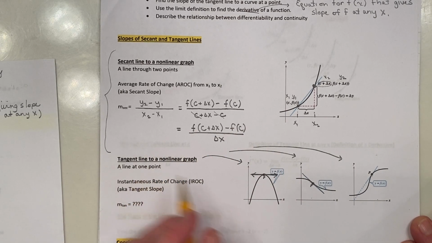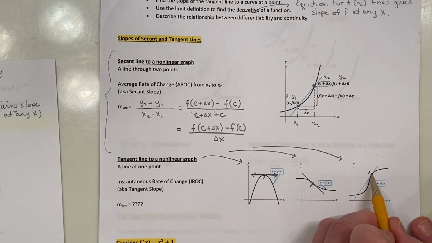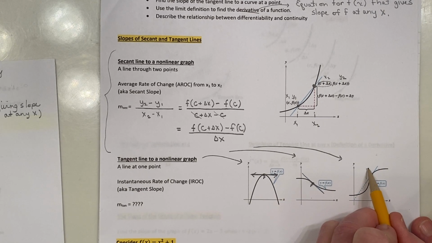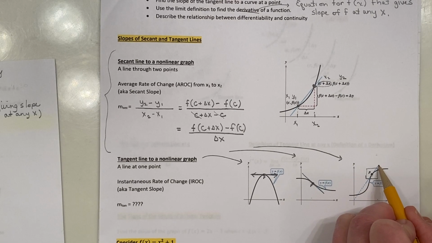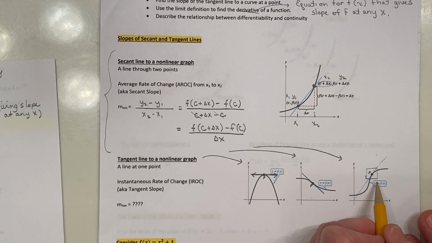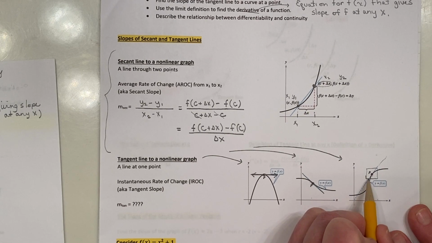Well, the thinking is this: I just want to intersect the curve at 1 point in a local area. I don't care about what happens further away on that tangent line, but if we just focus in on right here, it doesn't matter what happens with that tangent line and that curve if they intersect again. This is called local linearity.